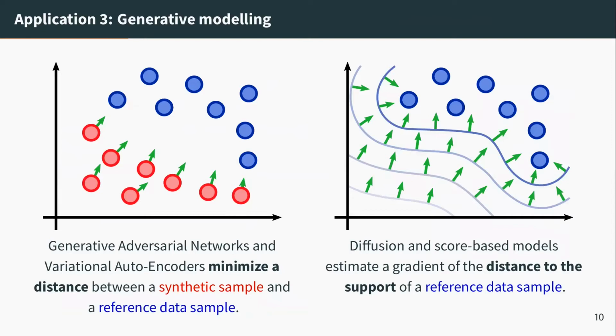So motivation 3 is generative modeling. This is something that's super trendy on the web and in newspapers. So I assume that you've already heard about it. All those software programs that generate good-looking images.